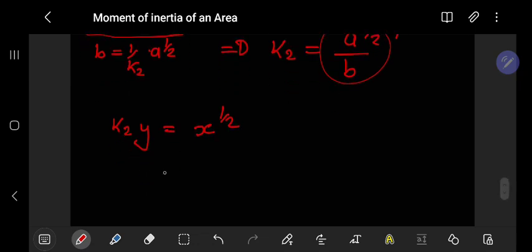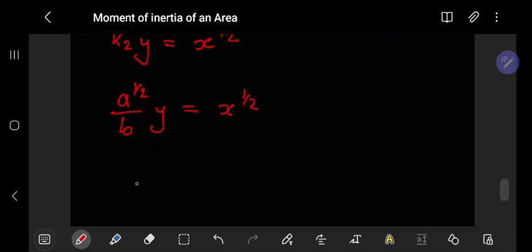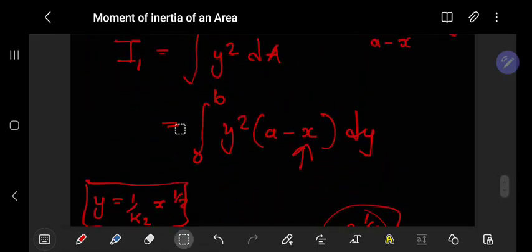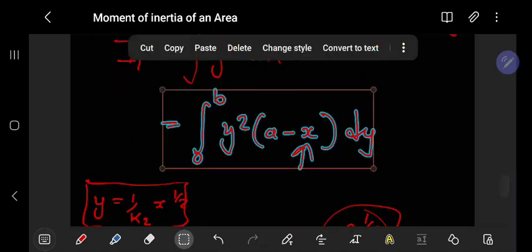So that when you put where there's k2, we put a to the power half over b, then y is equal to x to the power half. We square both sides. We now get x is equal to, when you square both sides, this will just be a, this will be y squared, and this will be b squared. That is if we square both sides. So this is what we'll bring and substitute where we have x here.